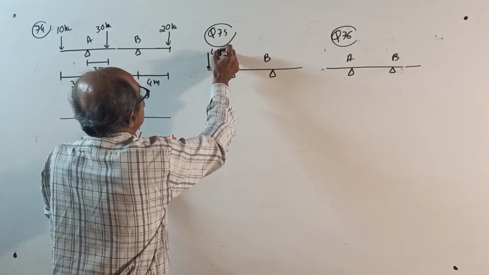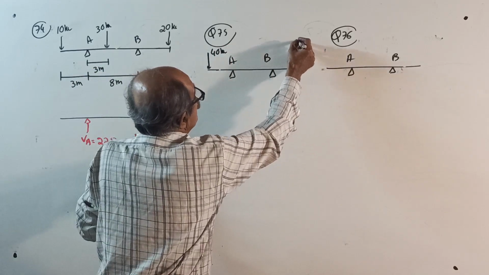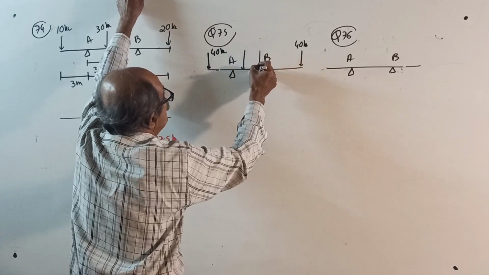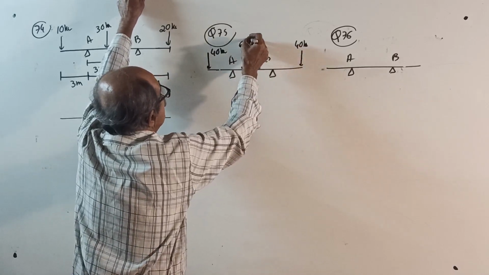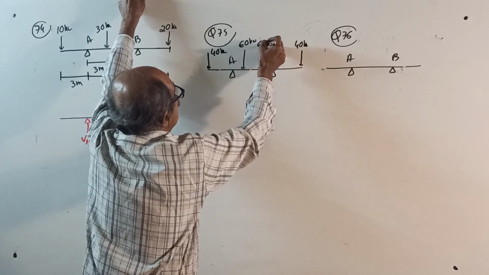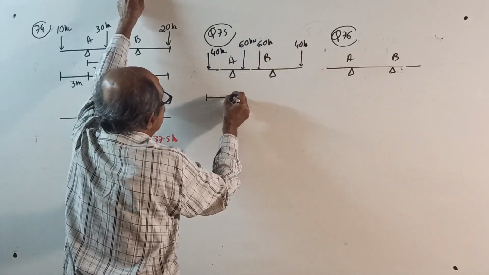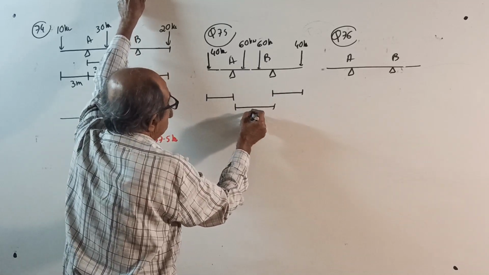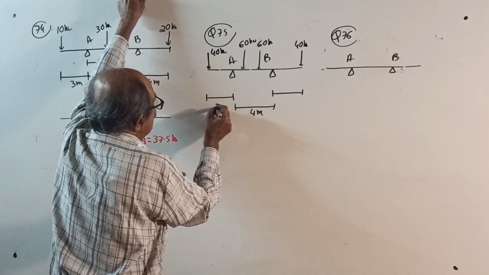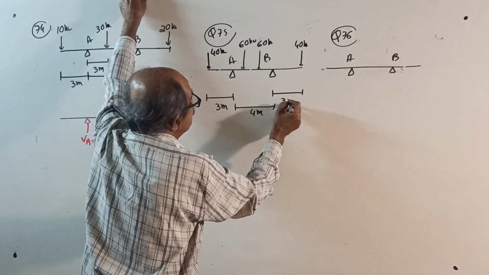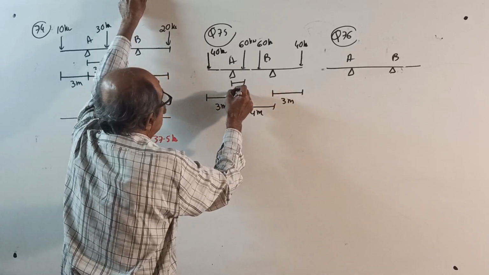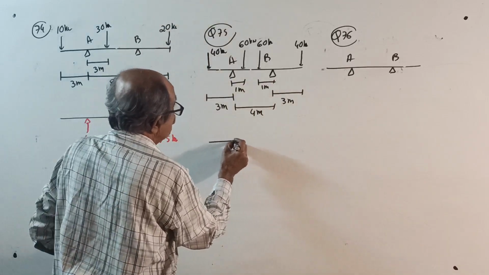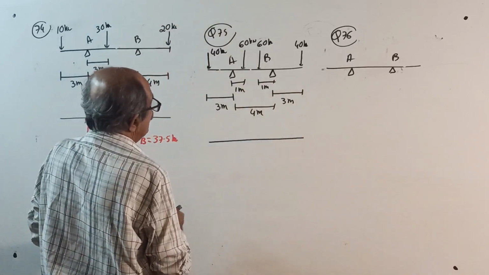Here 40 kilonewton, here also 40 kilonewton. Here, 2 point loads of 60 kilonewton and 60 kilonewton. Something you observe here, it is a symmetrical case. 4 meter, 3 meter, out of scale, 3 meter. These two are at 1 meter and 1 meter. Now no calculator, nothing, because of symmetrical loading.